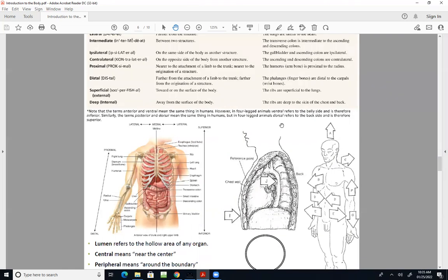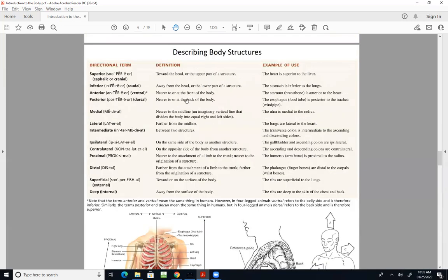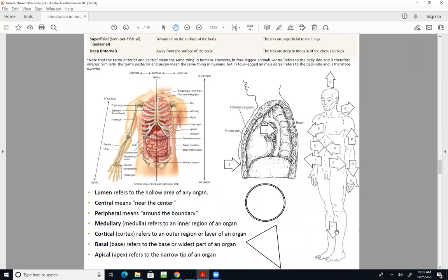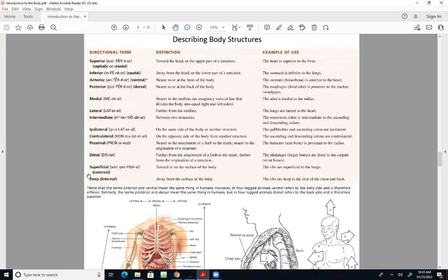In this case, you could color these little arrows, because they demonstrate what some of these terms mean. For example, letter A, this arrow represents the term superior, whereas letter H represents inferior.